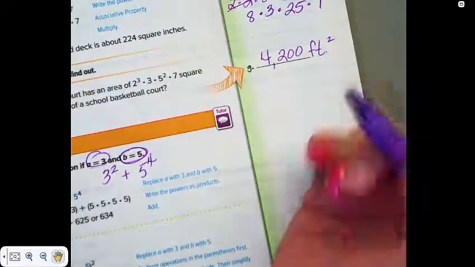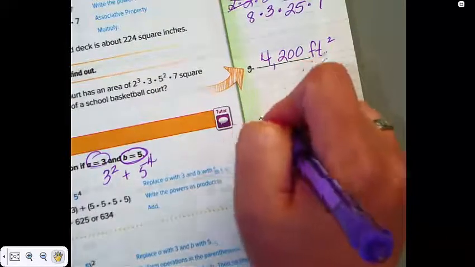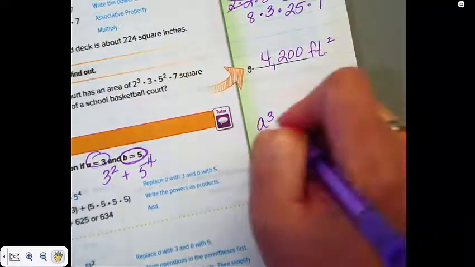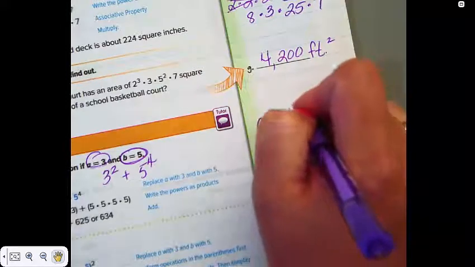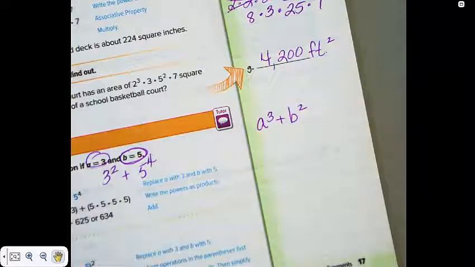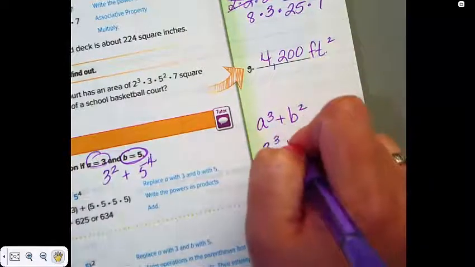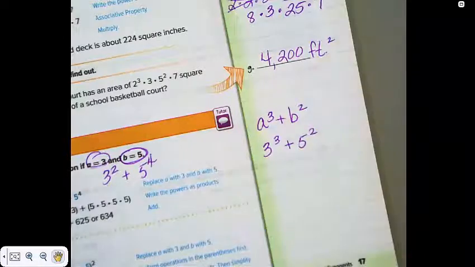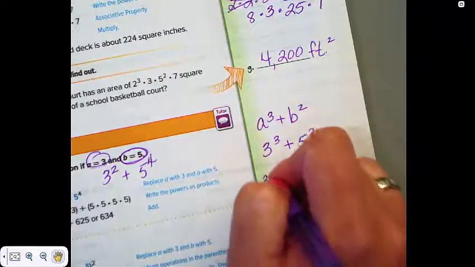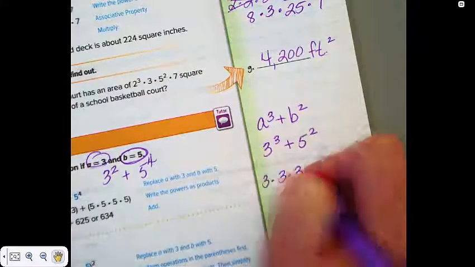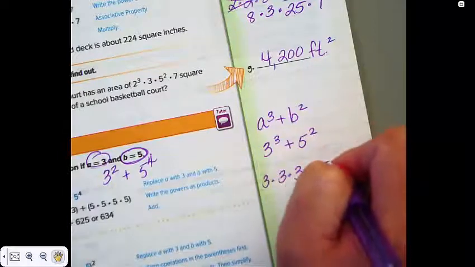Let's say that I want to do a cubed plus b squared. Remember, a is 3, b is 5, so I have 3 cubed plus 5 squared. So I have 3 times 3 times 3 plus 5 times 5.